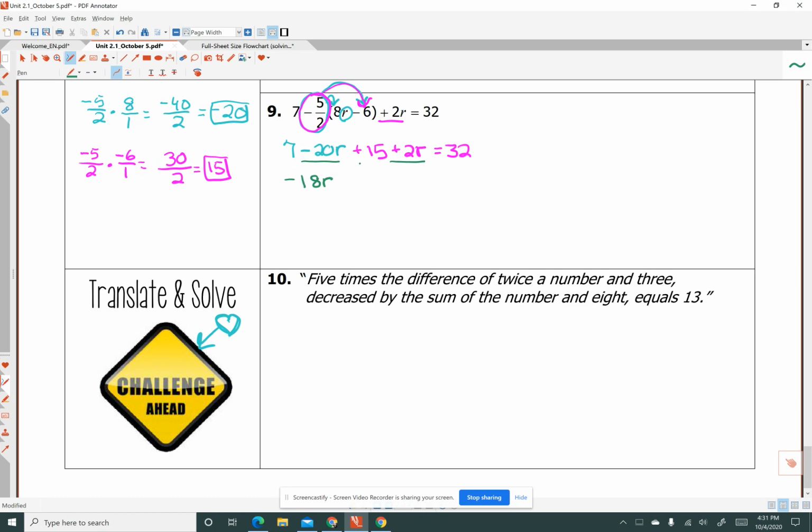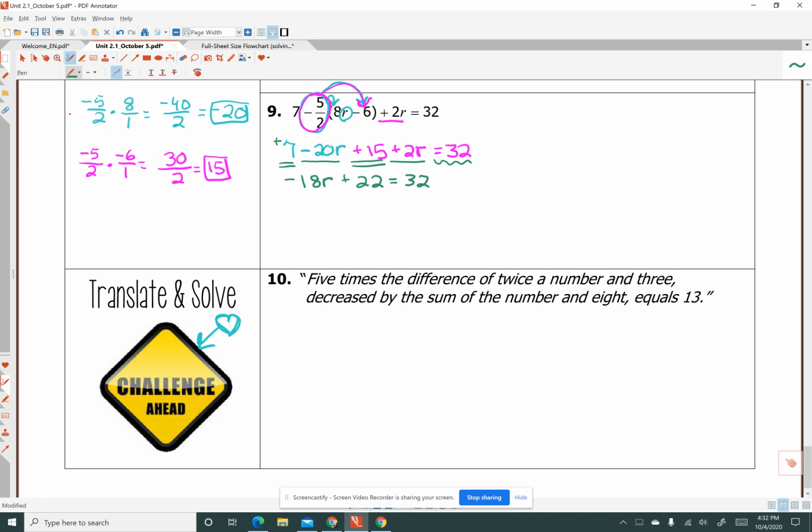And then we have 15 plus 7. We have an invisible plus sign here. Okay, that would be plus 22. So we've taken care of everything on the left side. Now we have our equal 32. We can't forget that.